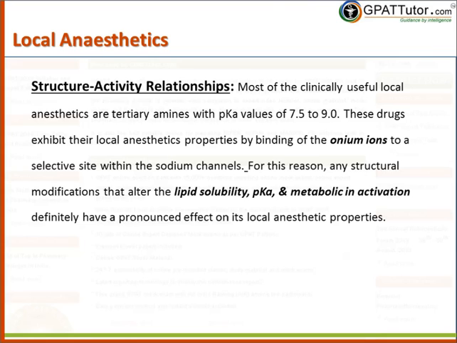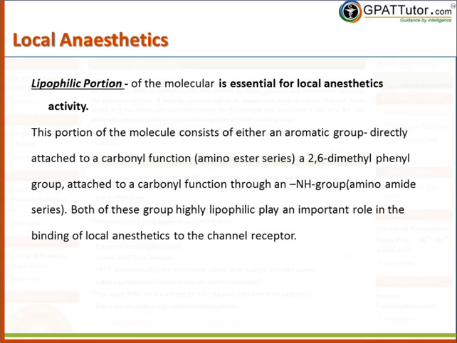For this reason, any structural modification that alters lipid solubility, pKa or metabolic inactivation can interfere with the formation of onium ions, which has a significant and pronounced effect on the actual local anesthetic property.